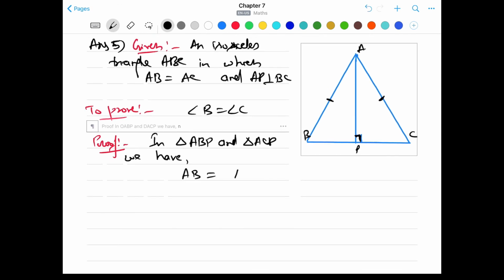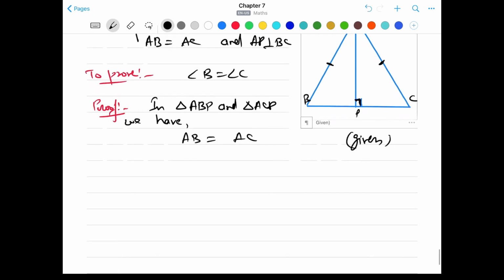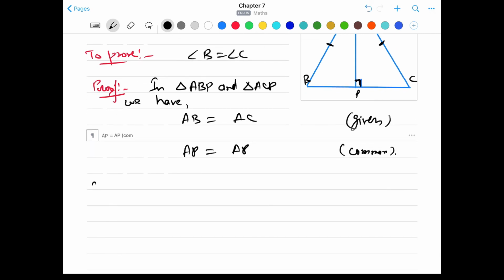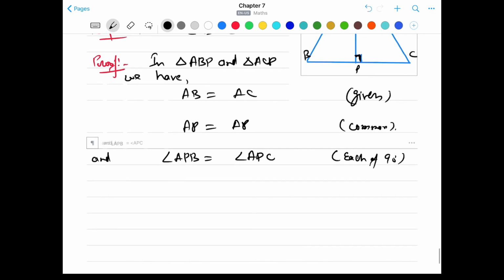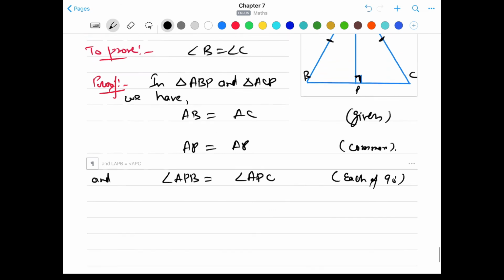We are given one side equal, that side AB is equal to side AC. This is given. Then we have AP equals AP, which is common for both triangles, and we have angle APB equals angle APC, each of 90 degrees.